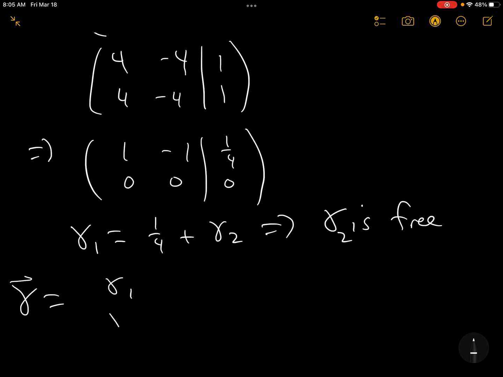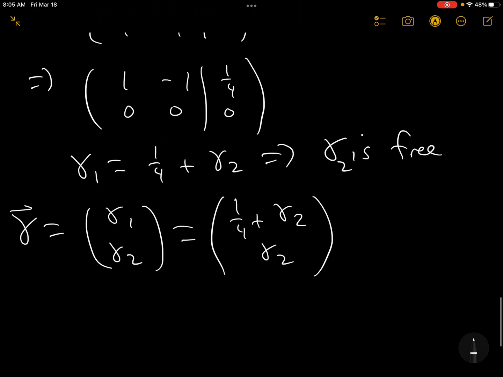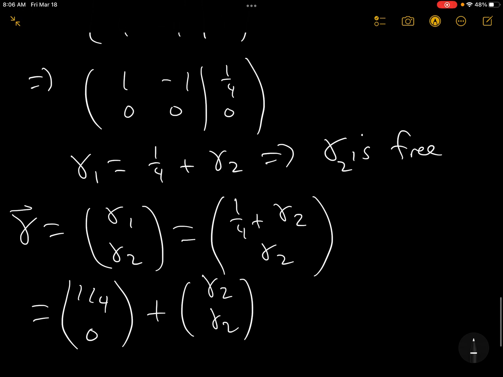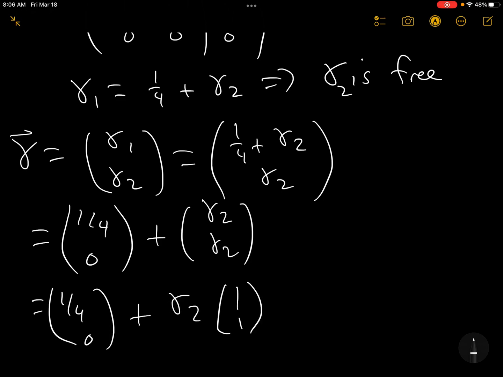So gamma equals gamma 1, gamma 2, which equals 1/4 plus gamma 2, gamma 2, which is 1/4, 0 plus gamma 2, 1, 1.